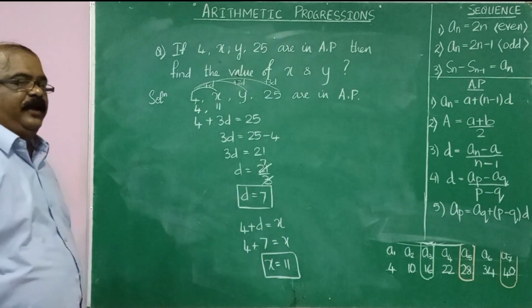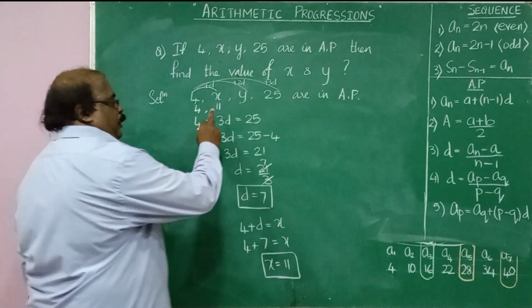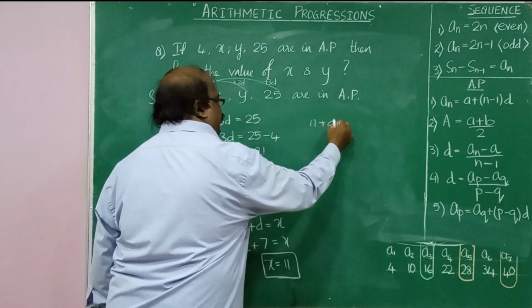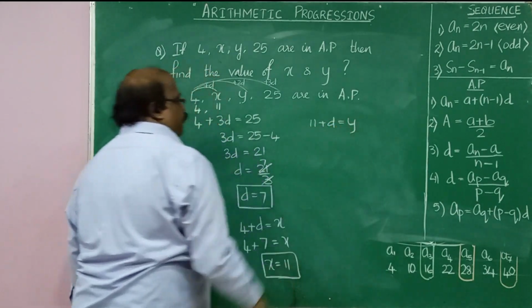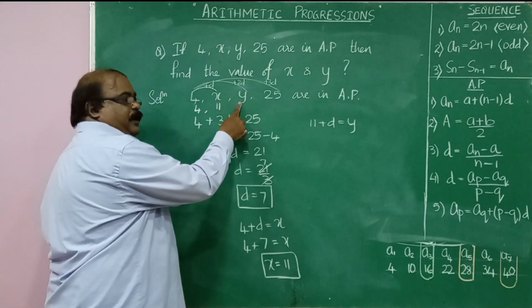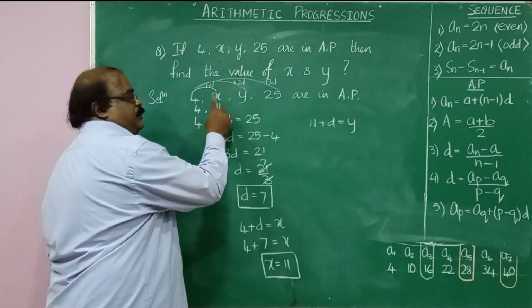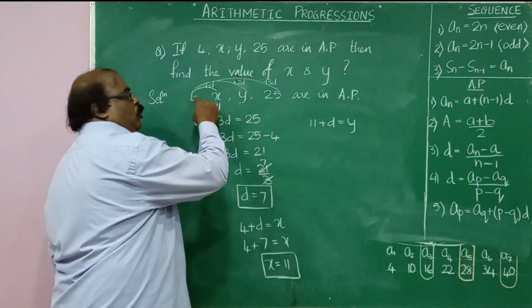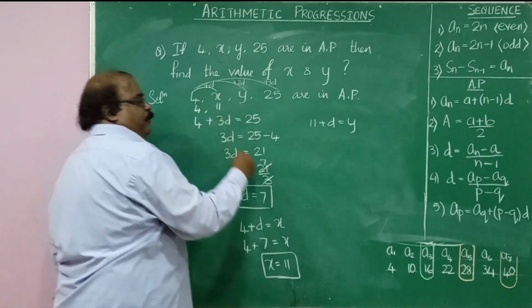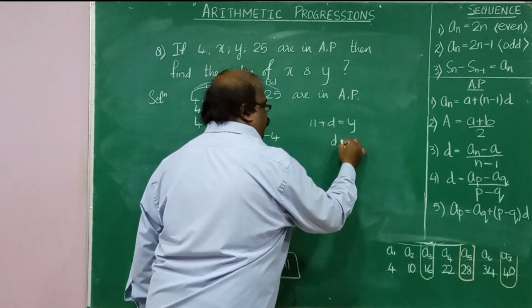I want to know the value of y. I know that 11 plus d will give you y. Or I can say I know that 4 plus 2d is equal to y. I can either use this equation, 11 plus d will give you y, or 4 plus 2d will give you y. Let me use 11 plus d is y.